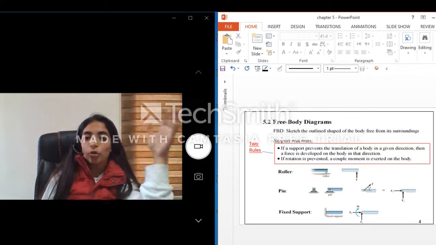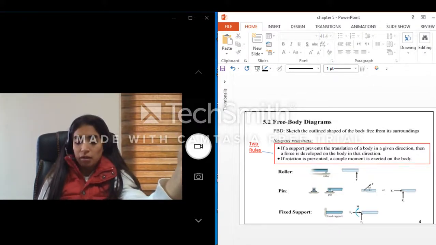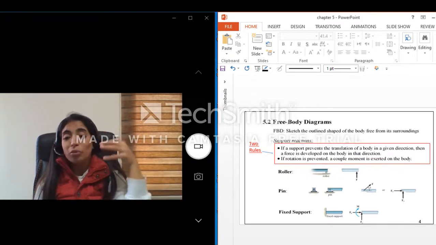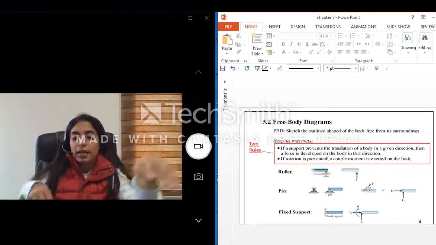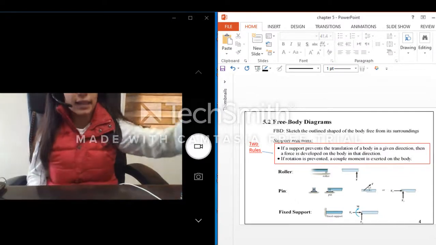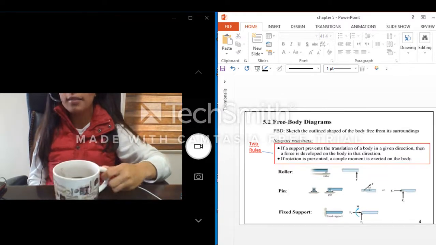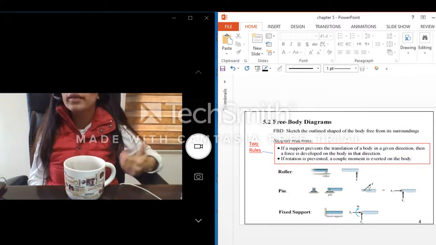Now, what is important in this chapter is the introduction of supports. So supports, guys, are used to support a beam or a body. And there are a lot of types of supports. So what is a support basically? This table here is a support, because in fact, if I put this mug on this table, this mug, guys, will not fall down.